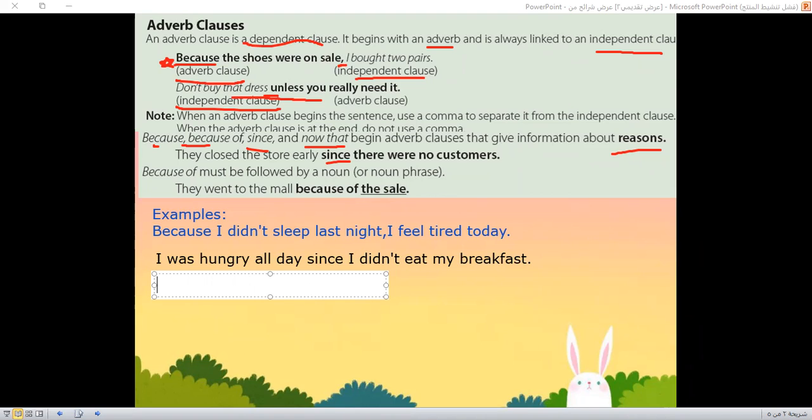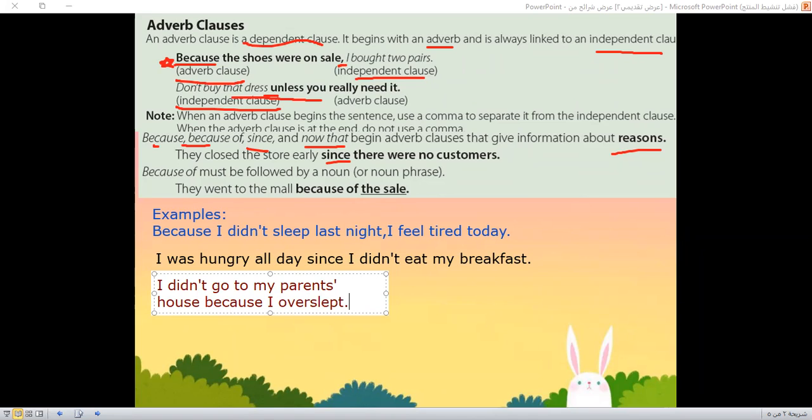I didn't go to my parents' house, because I overslept.